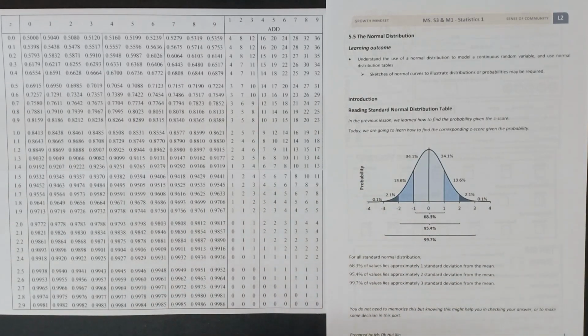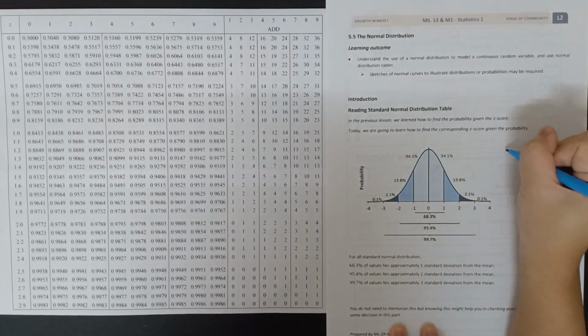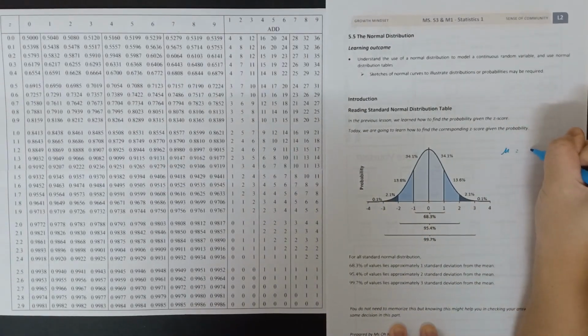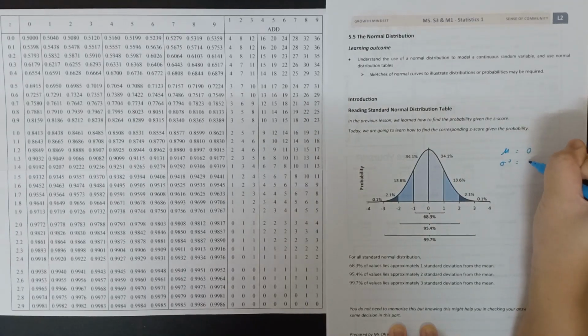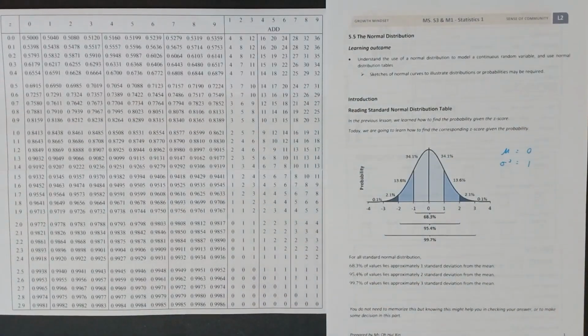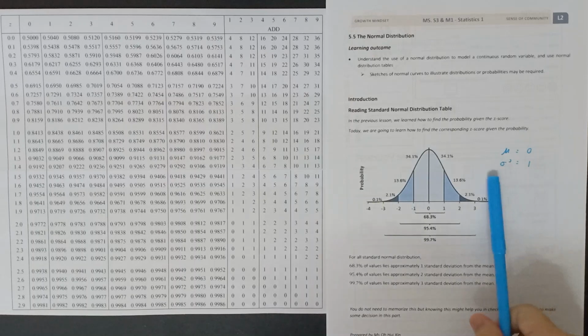The standard normal distribution has two characteristics on top of the normal distribution: your mean equals 0, and your variance or standard deviation equals 1. The square of 1 is also 1, and the standard deviation can be 1 or -1.